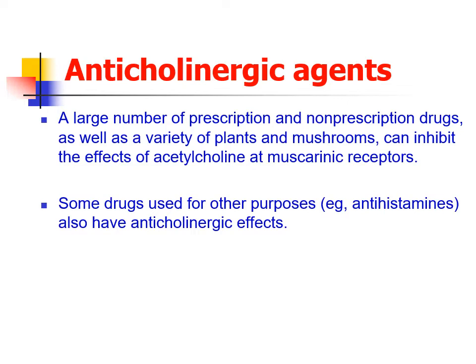A large number of prescription and non-prescription drugs, as well as a variety of plants and mushrooms, can inhibit the effect of acetylcholine at muscarinic receptor. Some drugs used for other purposes like antihistaminics also have anticholinergic effect. All of these drugs can block the action of acetylcholine on muscarinic receptor.